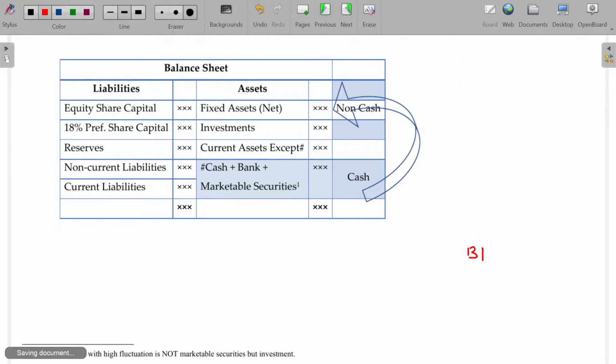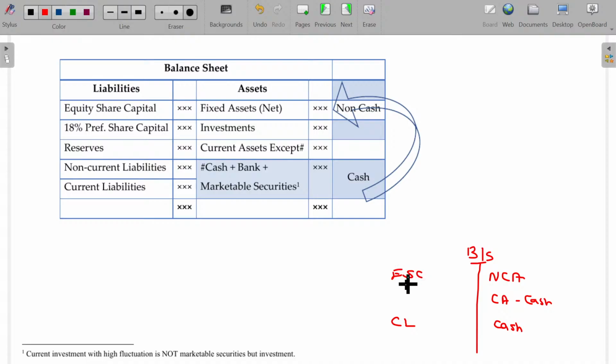In your balance sheet, non-current assets, current assets other than cash, and another one being cash. Current liabilities and equity share capital, preference share capital, non-current liabilities, even accumulated profits and losses.